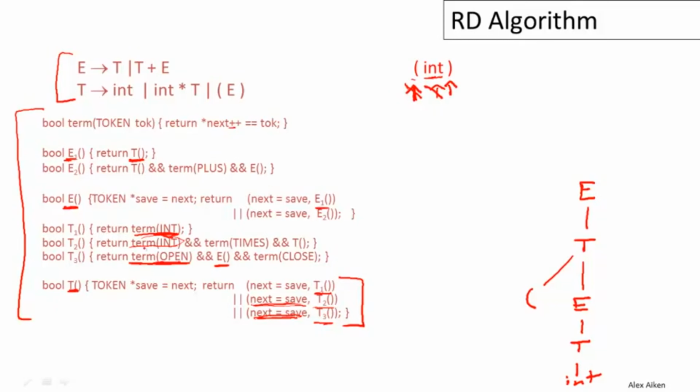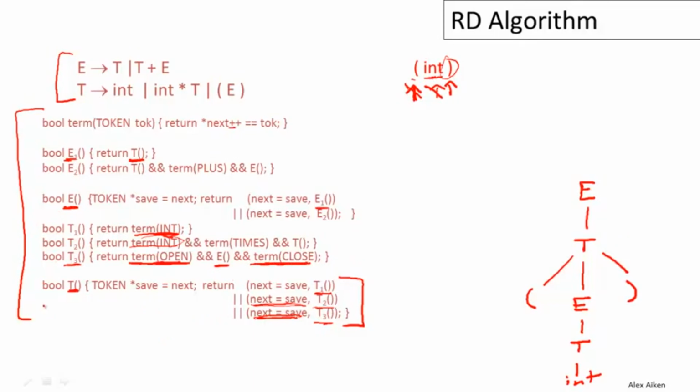And now we return through all these levels of calls. T1 succeeds, which means that T succeeds, which means that E succeeds. And now we're back here in the production for T3, and we're going to ask, well, is the next thing that we see in the input a closed paren? And indeed, it is. And so a closed paren will be recorded.